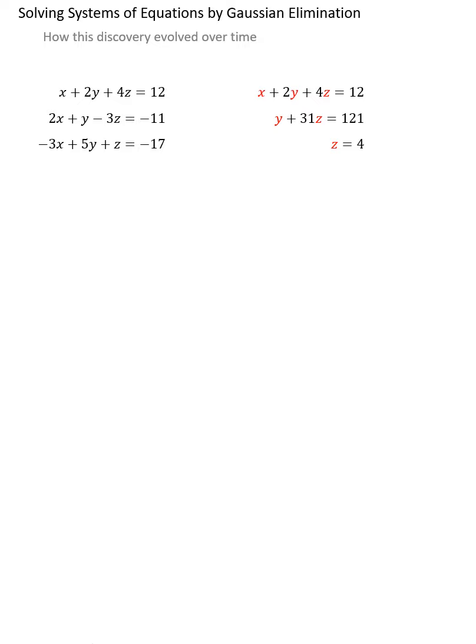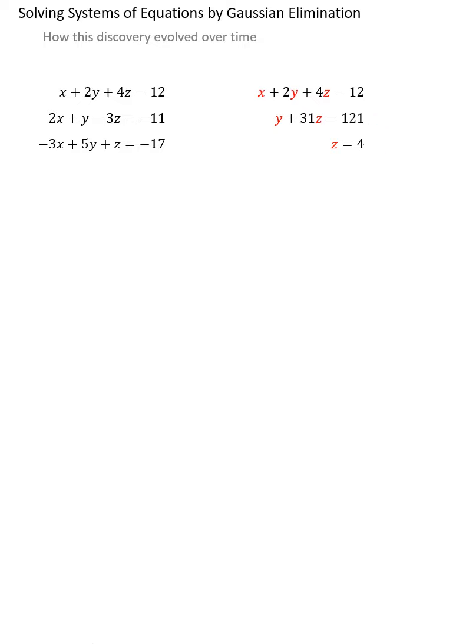And Gauss figured out that this is an ideal kind of system of equations to have to deal with, because if we know that z is 4, we can plug that into the second equation and find out what y is, which we'll do in a moment. But then, knowing what y is and knowing z is 4, I could then plug those 2 pieces of information into the first equation and solve for x.